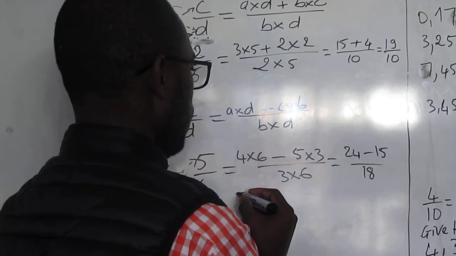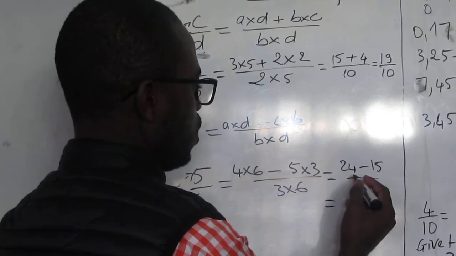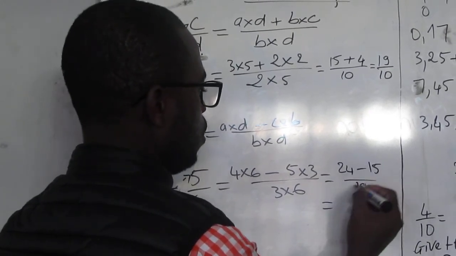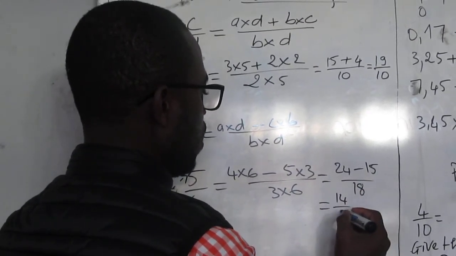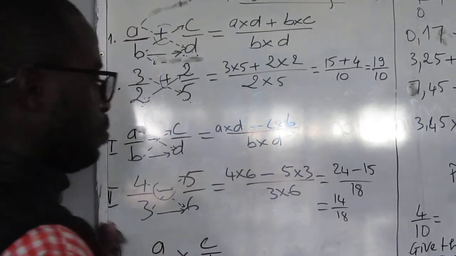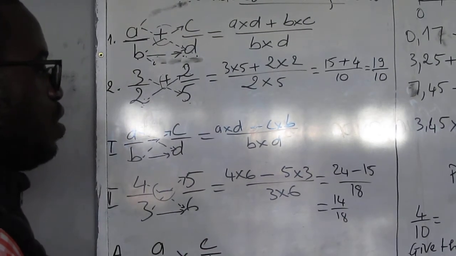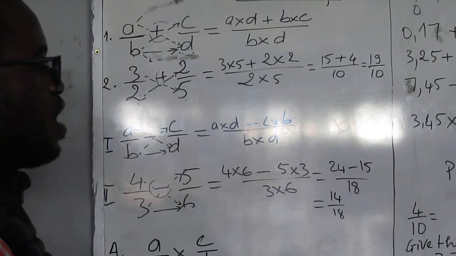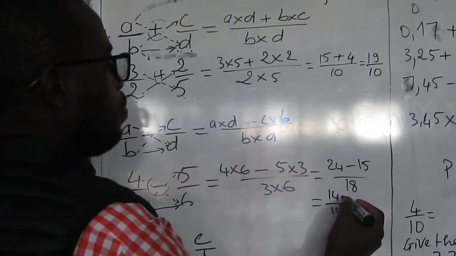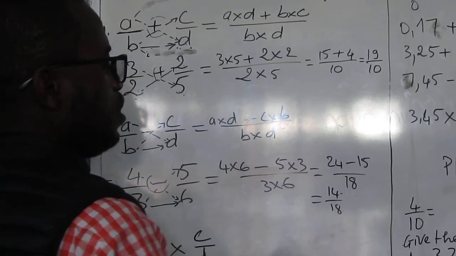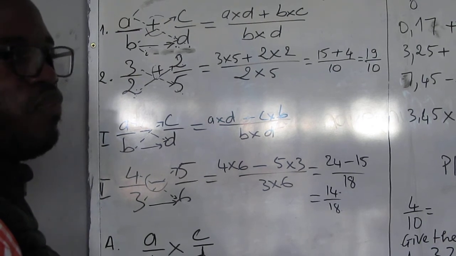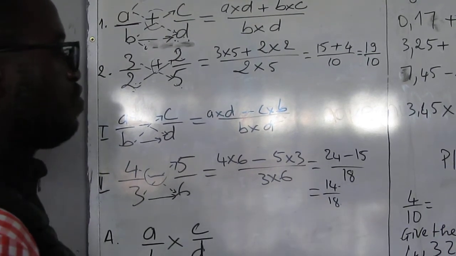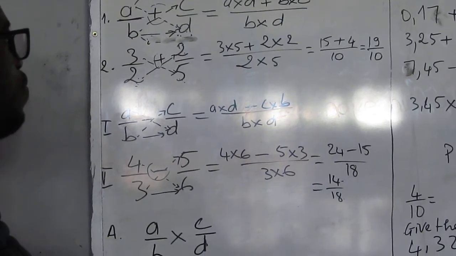So our answer here is 14 over 18. Can we simplify here? We can't, because this one is a multiple of 7 and this one is a multiple of 6 or 3. If it was both sides, we could simplify.